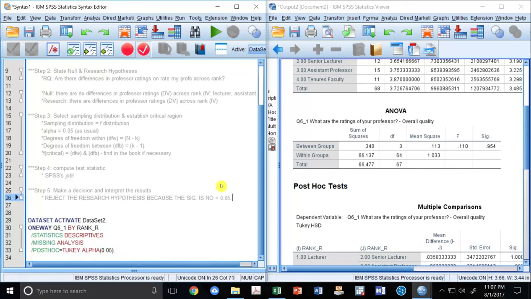So the significance is not less than 0.05. So I would interpret this, and I would say something to the effect of, and actually it's a one-way ANOVA to be official.